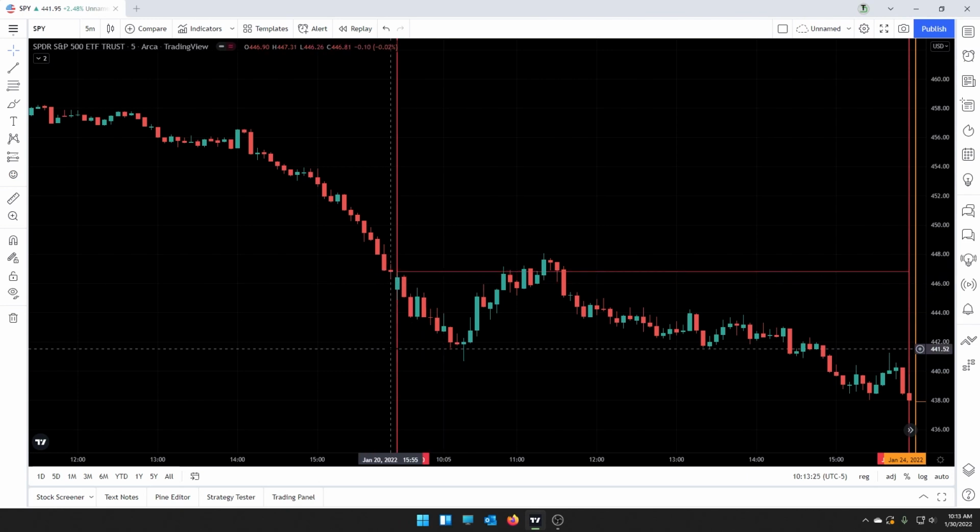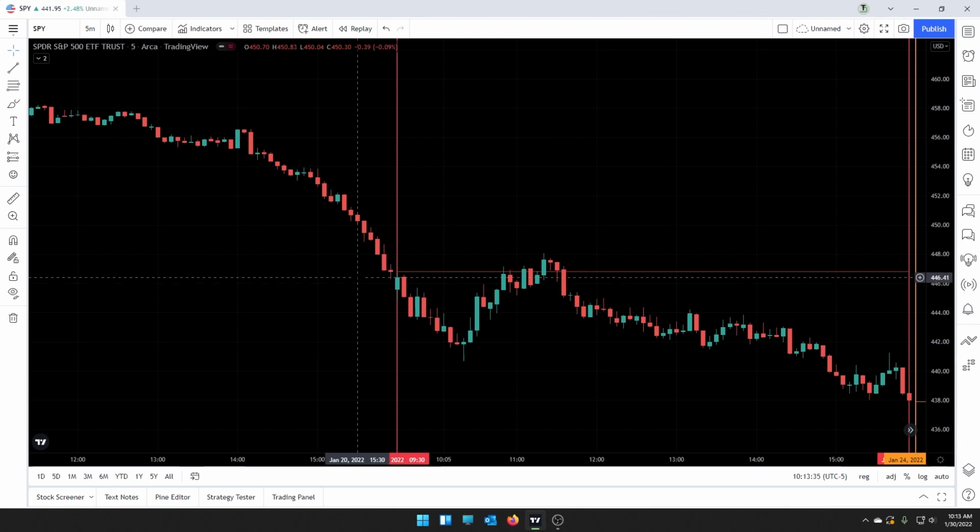So in the mornings when I make my Spynalysis, which I do every morning for my Discord members, I always mention the gap. And the gap is what we closed at Thursday, which was right here, versus where we open on Friday, which was here, top of this green bar.